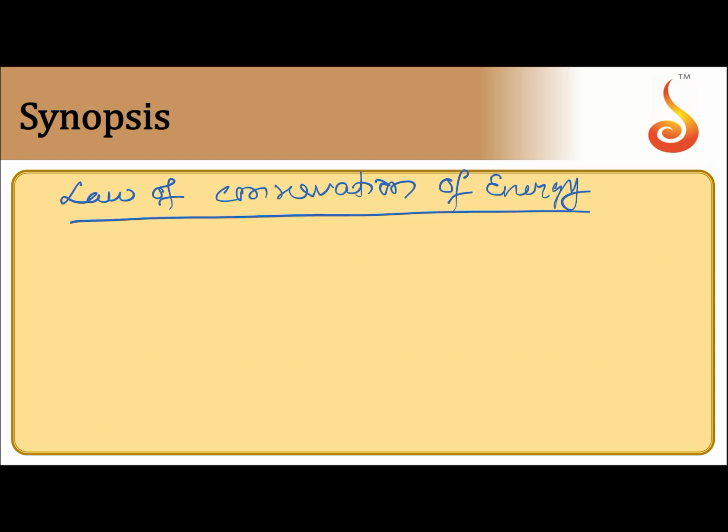According to this law of conservation of energy, if some non-conservative forces like friction are also acting on the system, the total mechanical energy is not conserved. It actually changes by the amount of work done by the non-conservative forces. So, we can put it like this: change in kinetic energy plus potential energy is equal to work done by non-conservative forces.